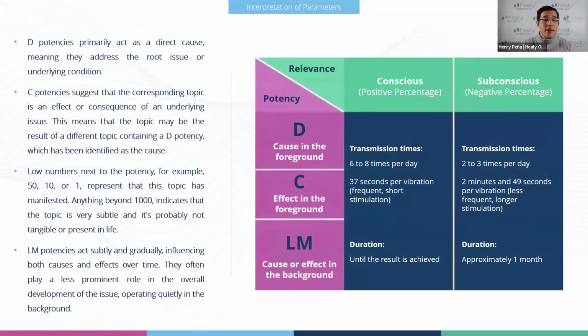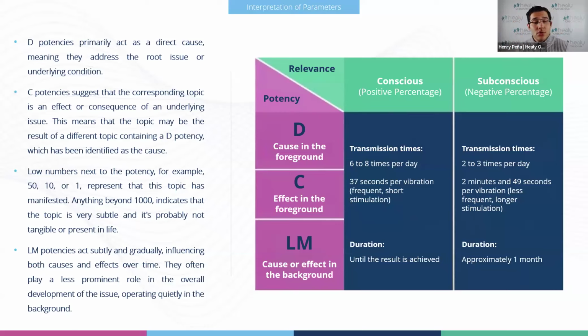That's why we have a separate graphic here that is specifically for the potencies. So the potencies are going to be the ones that are causes. So that's going to tell you, hey, if I get a particular topic, a particular result, and it says D, that means that whatever issue that's saying, it's a cause.